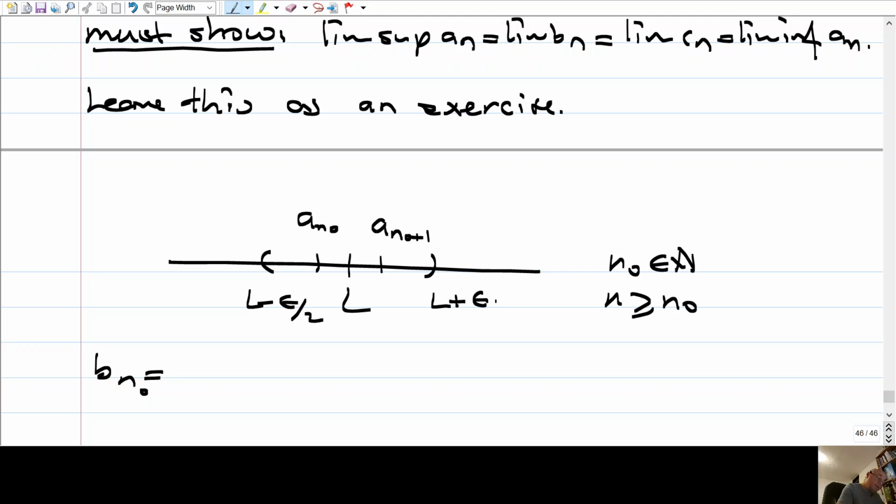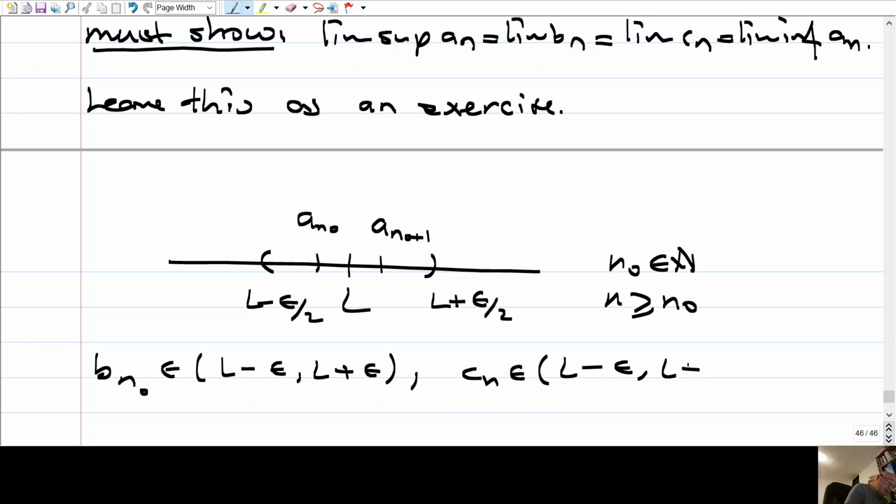If I choose this epsilon over 2, this will be certainly between L minus epsilon and L plus epsilon. I cannot write epsilon over 2 because supremum might be equal to the endpoint, and infimum might be equal to the endpoint. But if I choose this epsilon over 2, then Bn0 will be like this, and Cn0 again will be like this.